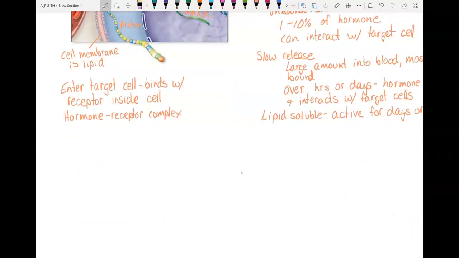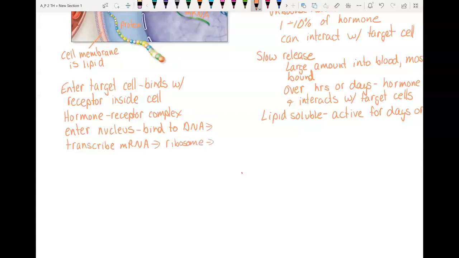So that hormone receptor complex will enter the nucleus. It will bind to the DNA. This stimulates the DNA to transcribe into messenger RNA. The messenger RNA will then go to the ribosome, and the ribosome will translate it into protein.